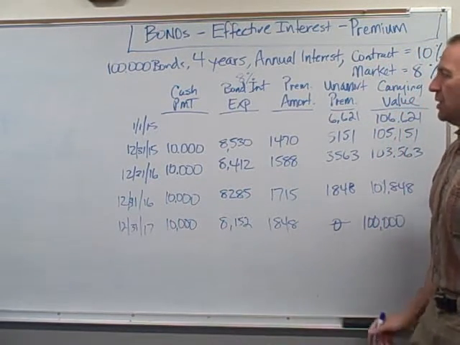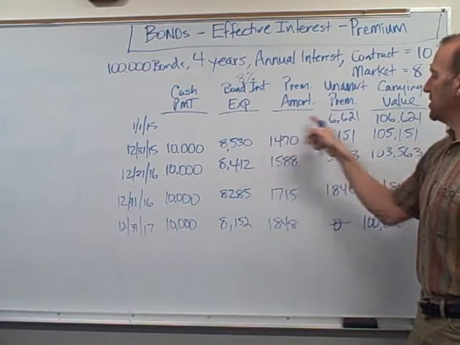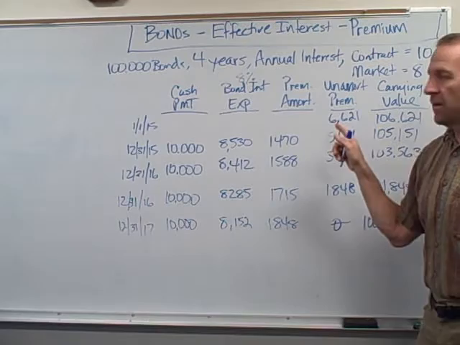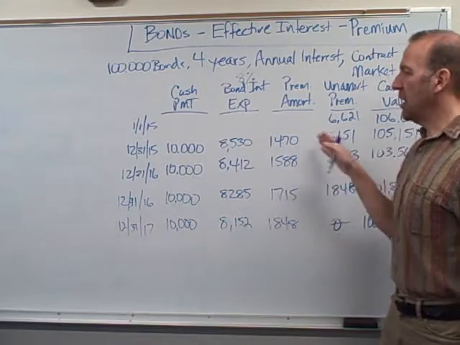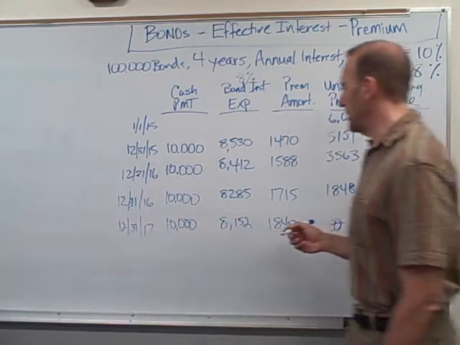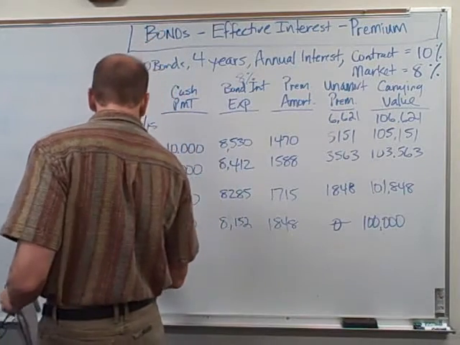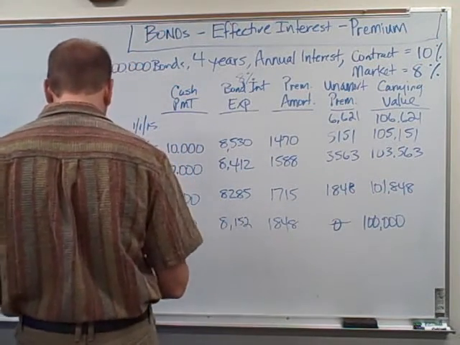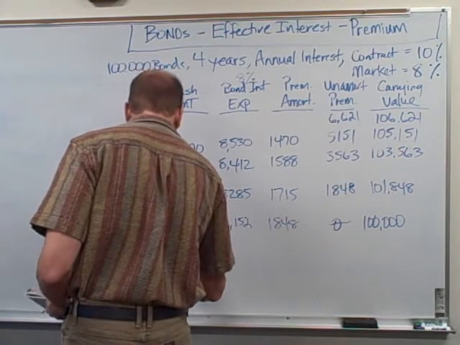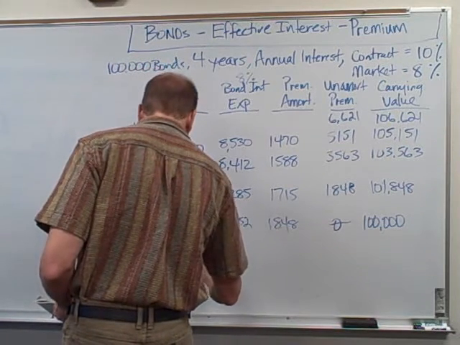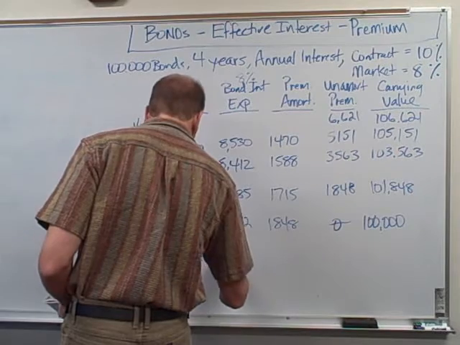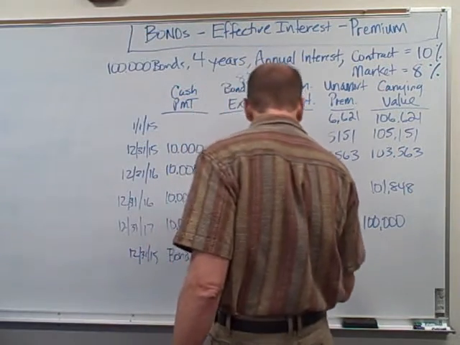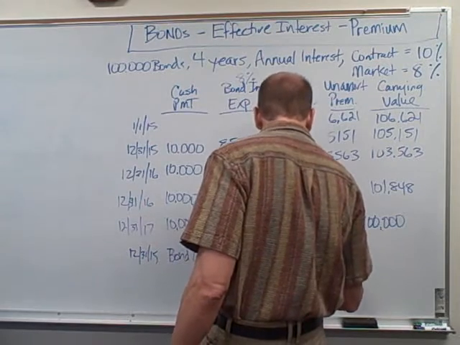Now, let me just show you what our journal entry would be. I already showed you the journal entry for when the bonds are sold. Let me show you the journal entry on December 31st, 15. On December 31st, we would have bond interest expense of 8,530, so we'll debit 8,530.